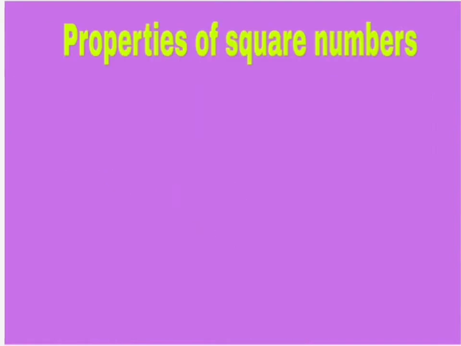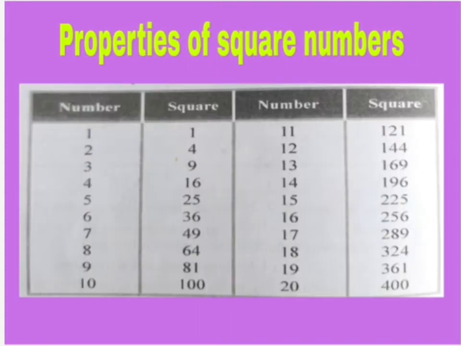Now let us learn some properties of the square numbers. What are the properties? That is what we are going to learn now. Before going to the properties, just check the screen, where there are squares of the numbers and the numbers also. We have taken the numbers from 1 to 20, and 20 is the last number.